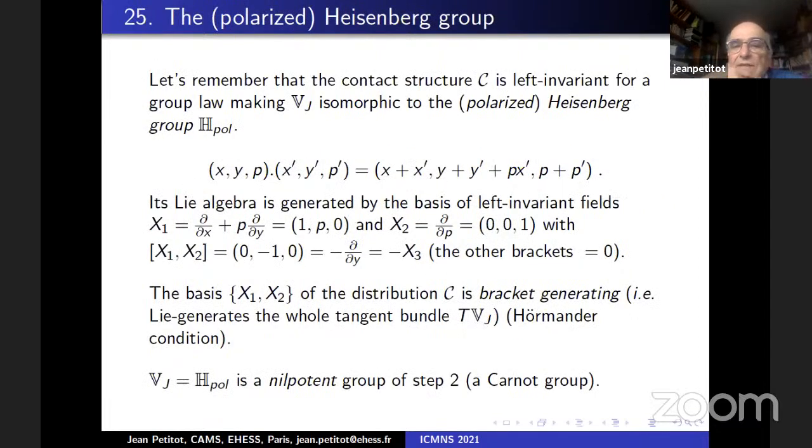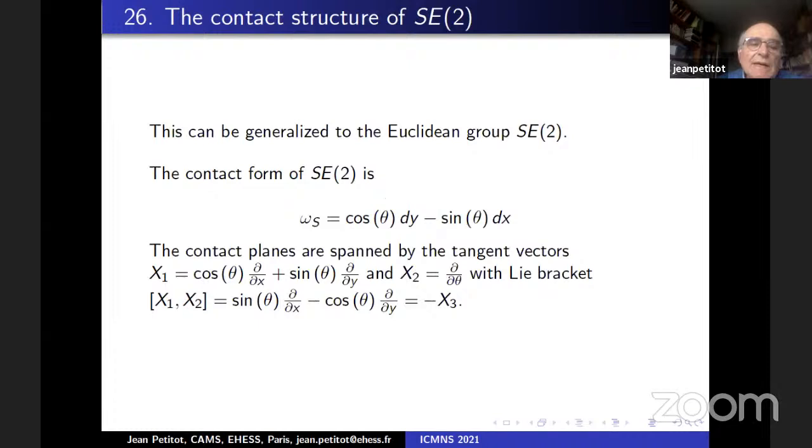Now, let's remember that the contact structure is left invariant for a group law, making VG isomorphic to the polarized Heisenberg group with its well-known Lie algebra. VG is a nilpotent group of step 2, a Carnot group, and you can generalize to the Euclidean group SE2. The contact form of SE2 is cos theta dy minus sin theta dx.